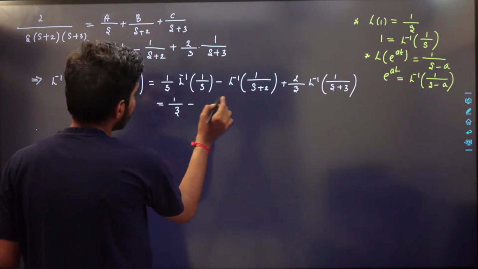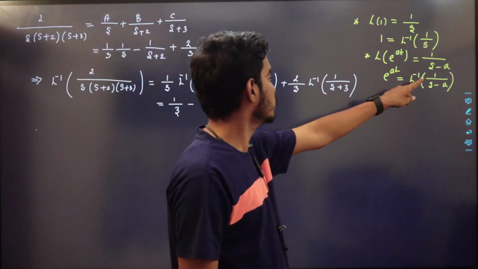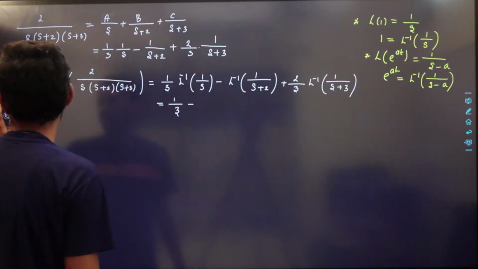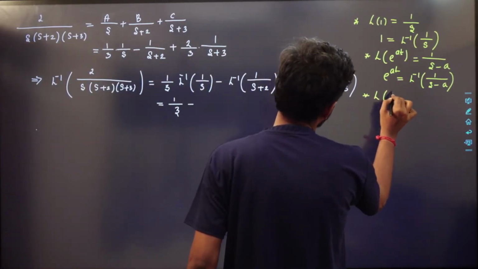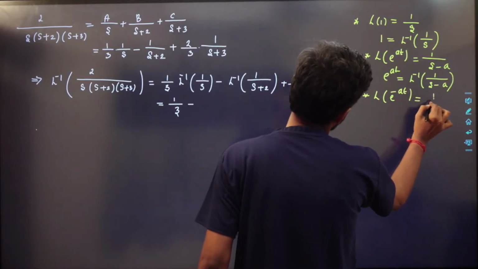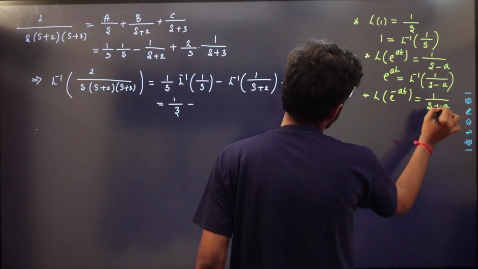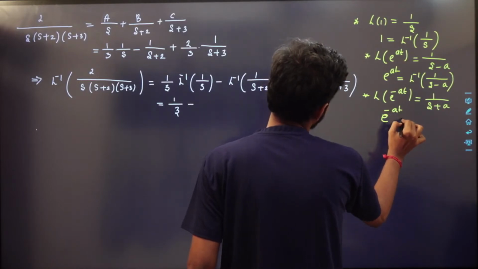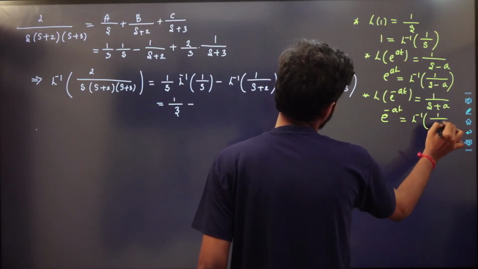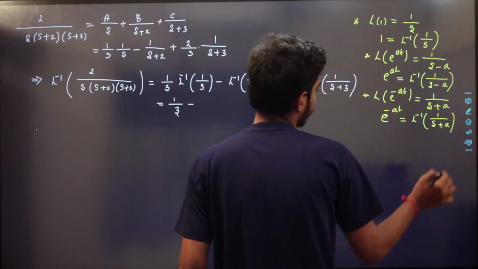And this will be L inverse of 1 by s plus 2. So what is the formula for e power minus at? L of e power minus at is 1 by s plus a. So e power minus at is equal to L inverse of 1 by s plus a, right?